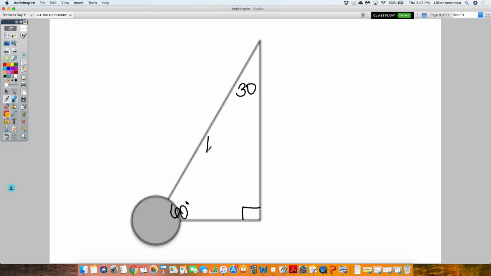The side across from your 30 is 1/2, and the side across from your 60 is square root of 3 over 2. Those side lengths don't change. They just change location depending on where the 30 and the 60 are.